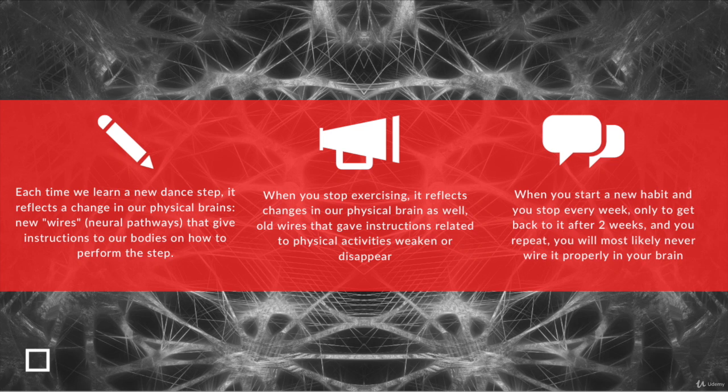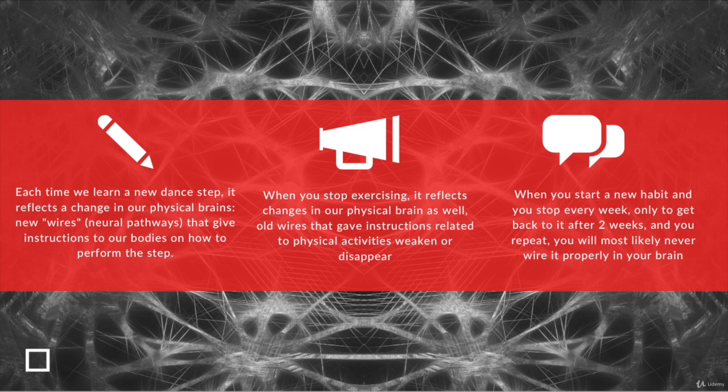Now, every single neuron that is responsible for moving your hands in a certain way for you to be able to do the robot dance will be all connected together, forming a neural structure or a neural network that is linked to this dance step.